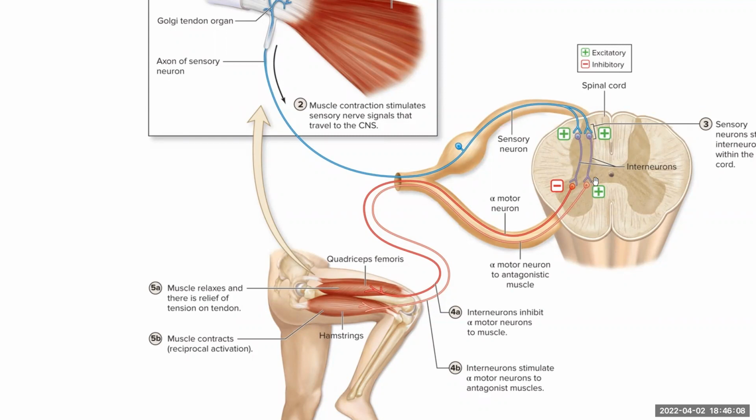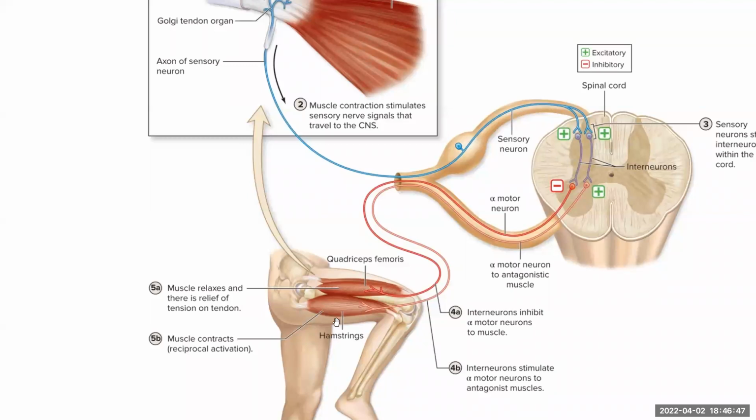And that other interneuron will excite its motor neuron to the antagonistic muscle group of our agonist muscle, which in this case happens to be the hamstrings group. And so what we'll see here is we're going to stimulate the hamstrings, and the hamstrings on the knee will cause the knee to flex or bend, and that will cause lengthening of the quadriceps femoris muscle group, to prevent it from over contracting too much.